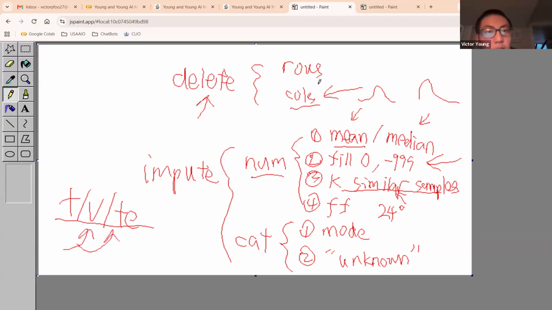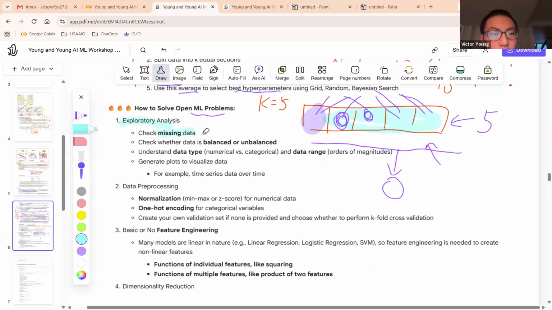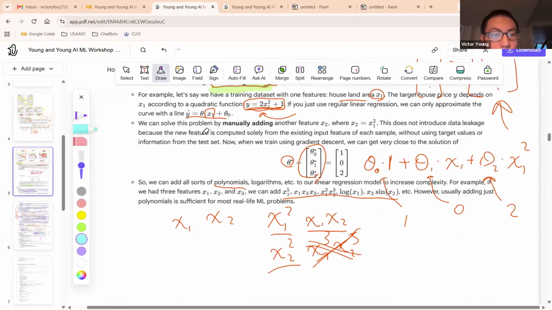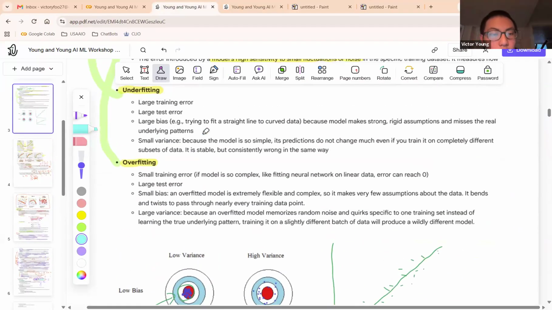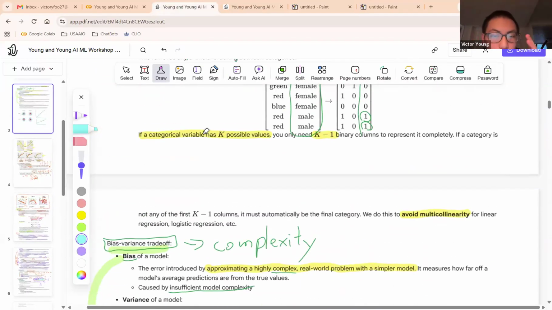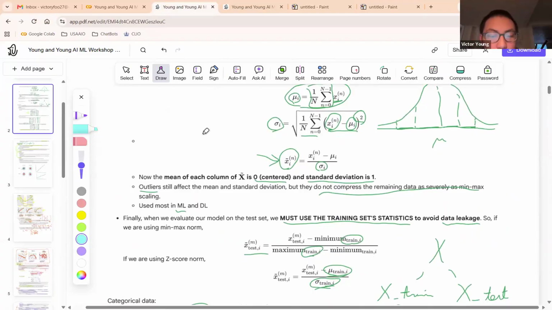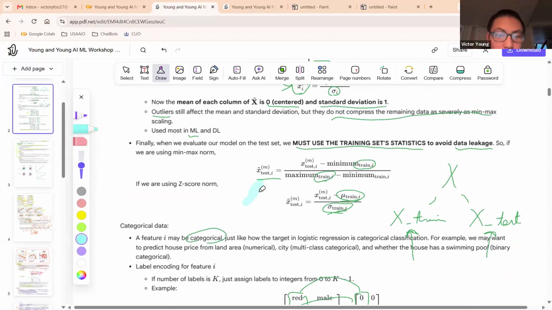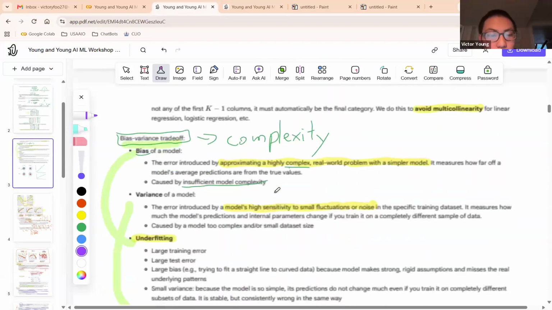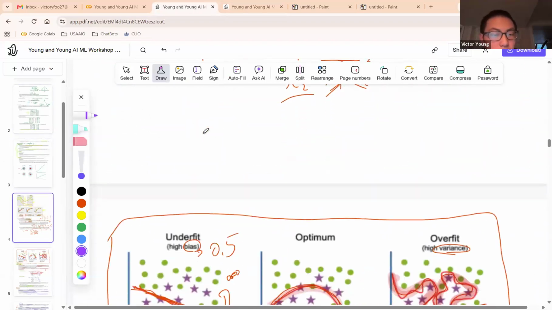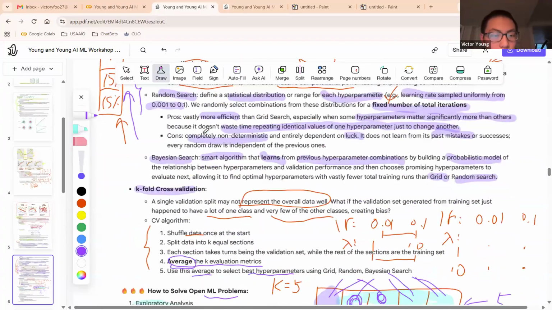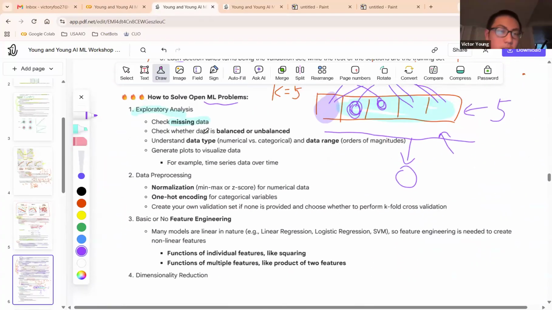Just like we talked about previously for the standard scaler, the z-score normalization, we have to use the train mean. We even have to use the train mean on the test set. So that is very important. For imputing, remember that we need to split first, then impute, and only use the train statistics. That's a very important part of machine learning.